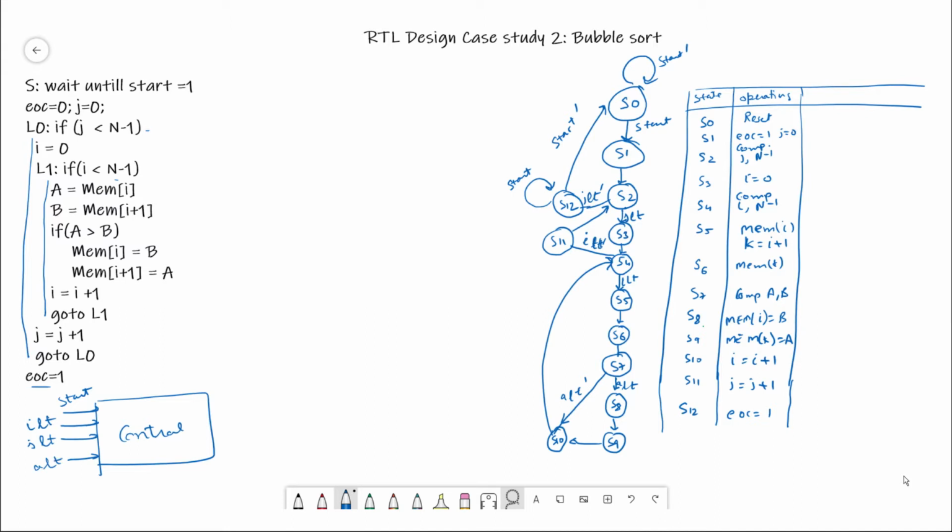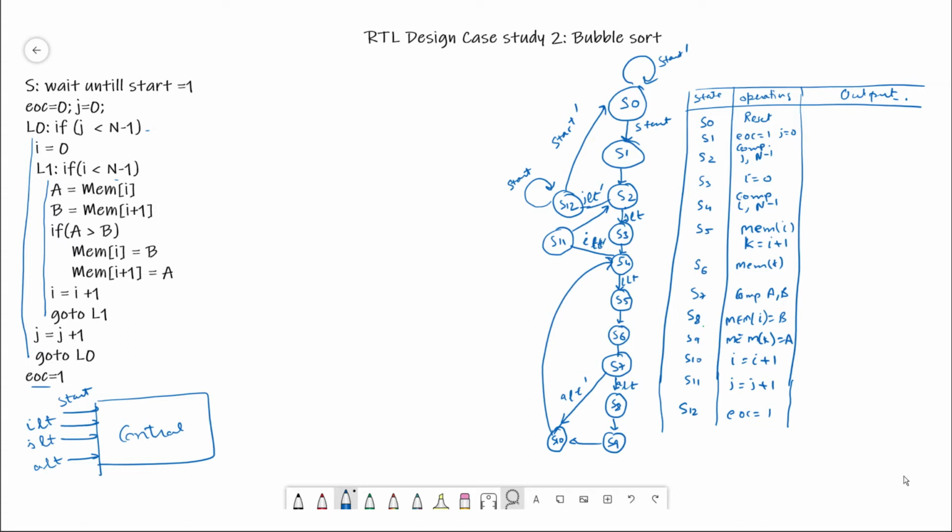So these are the four input signals which are required for the control, and what kind of output it will generate, we'll write here. Okay, so this whole process tells us the synthesis process of the control part.